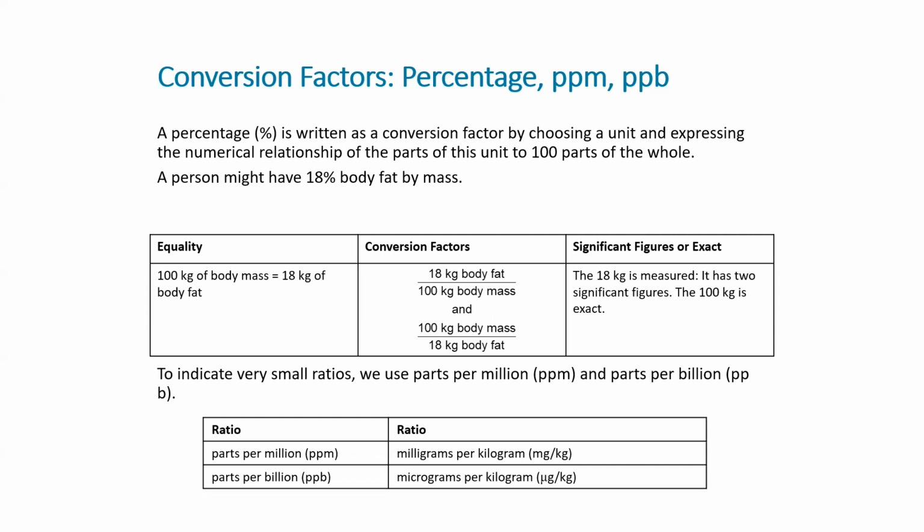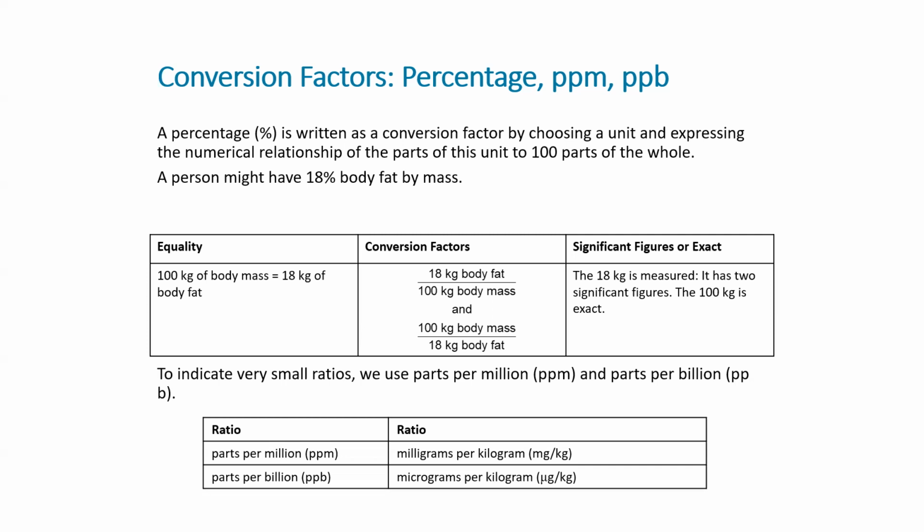You can also do parts per billion by converting the mass units in the numerator to micrograms and the mass units in the denominator to kilograms. So, for example, when we had our 18% body fat by mass, we wrote the conversion factor 18 kilograms of body fat in 100 kilograms of body mass.